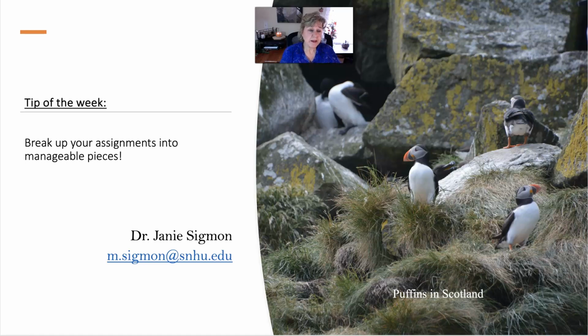Go in the next day, read a couple more. You'll see, it's better to break it up into manageable chunks to do every day, instead of waiting until the last minute and trying to rush through everything, including figuring out the research topic question that you're going to have to do this week, because that's going to be very important moving forward.